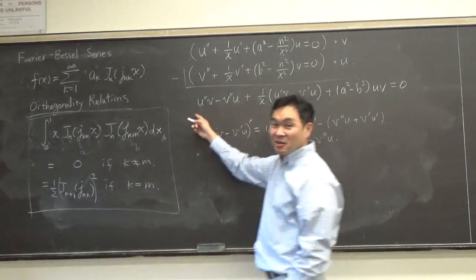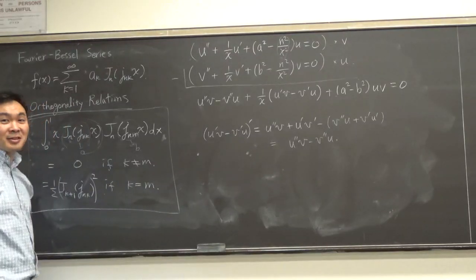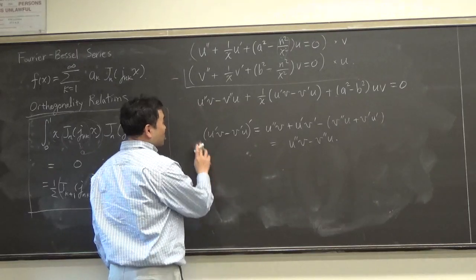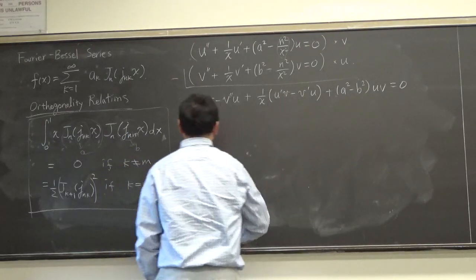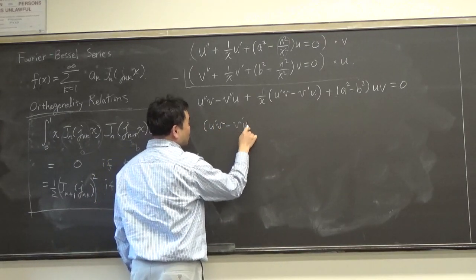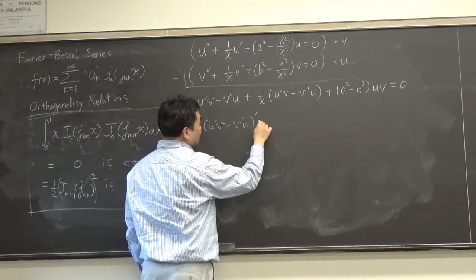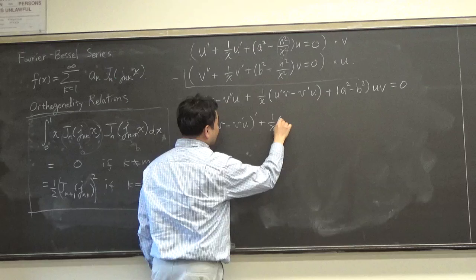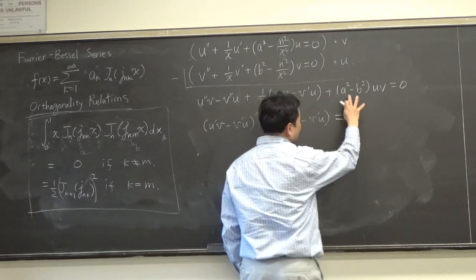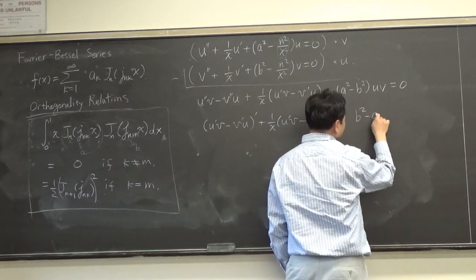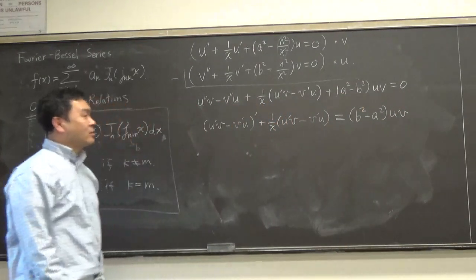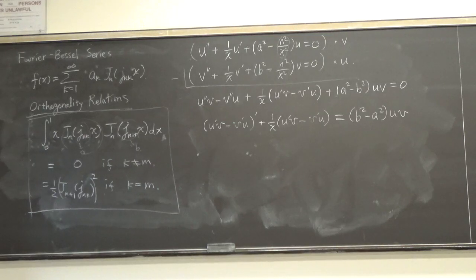Hey, that's exactly the same as that one, right? So that's nice. With this, you can rewrite this as the derivative of u prime v minus v prime u, plus 1 over x times u prime v minus v prime u. Let's move the other term to the other side and write it as b squared minus a squared uv. If you move it to the other side, you get negative, so instead of a squared minus b squared, you get b squared minus a squared.